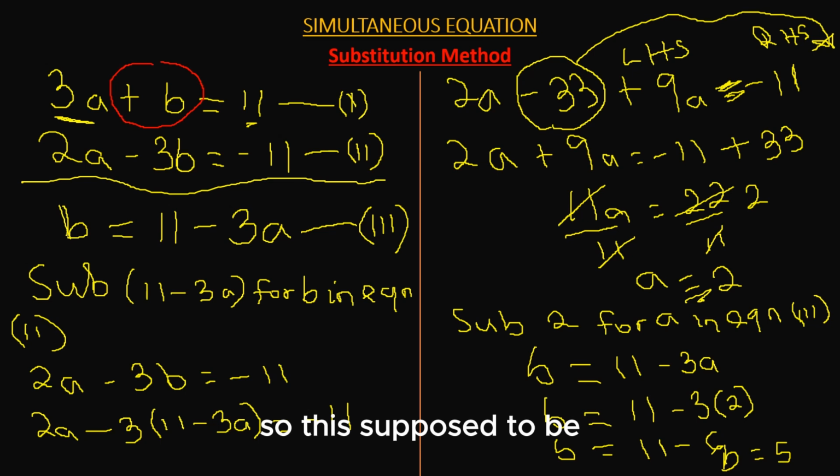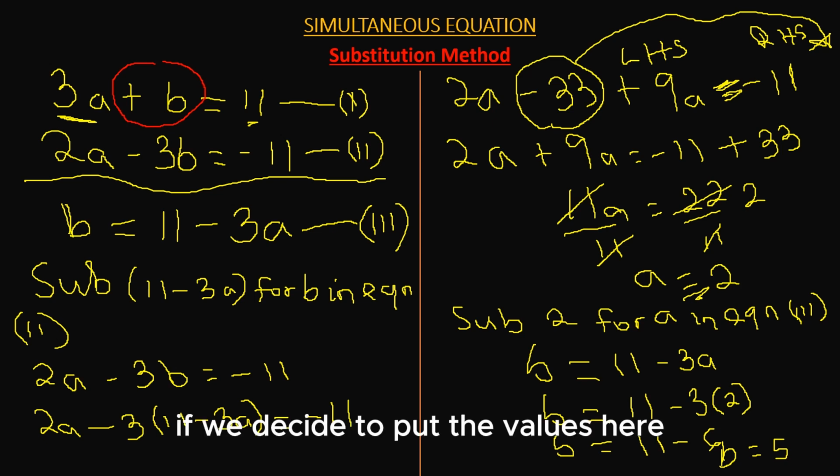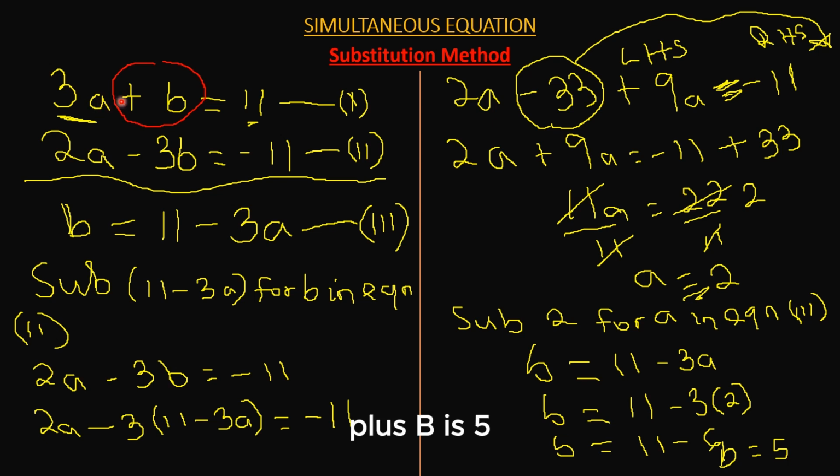So this happens to be the value of a and b. Our a is 2 and our b is 5. For instance, let's see if we are actually correct. If we decide to put the values here, so a is 2, 3 times 2 is 6, plus b is 5. 6 plus 5 will give us what? 11. So this is actually correct.